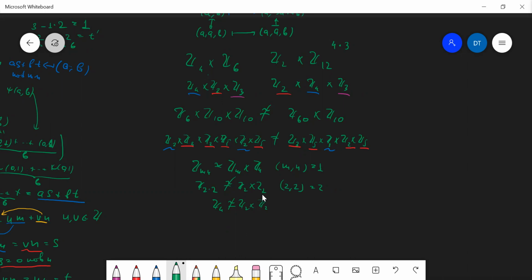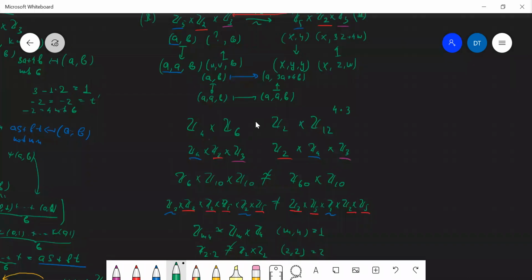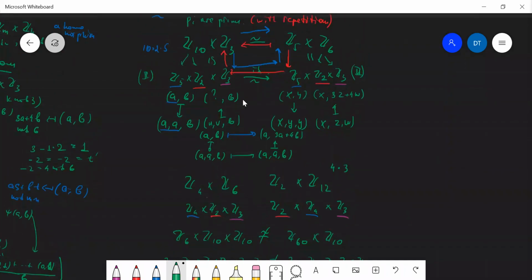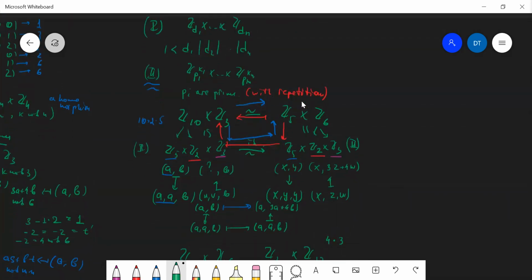Well, this is something that you have to prove, but I'm skipping all these things without proof because it's more important to know how to use things rather than how to prove them. So what I'm trying to explain is how to use things and how to deal with them. So here, if you want to compare two groups, you just stick to the second or the first presentation of your group and just compare these specific presentations.